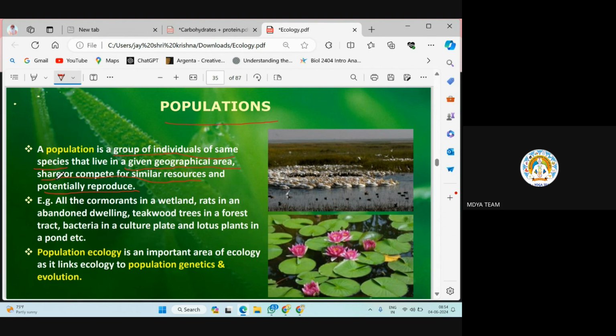We are also sharing or competing for similar resources. We all are competing for jobs. We all are sharing the land, water, and rivers between us. And potentially reproduce, they reproduce to produce new offspring. So this is the characteristic of a population.